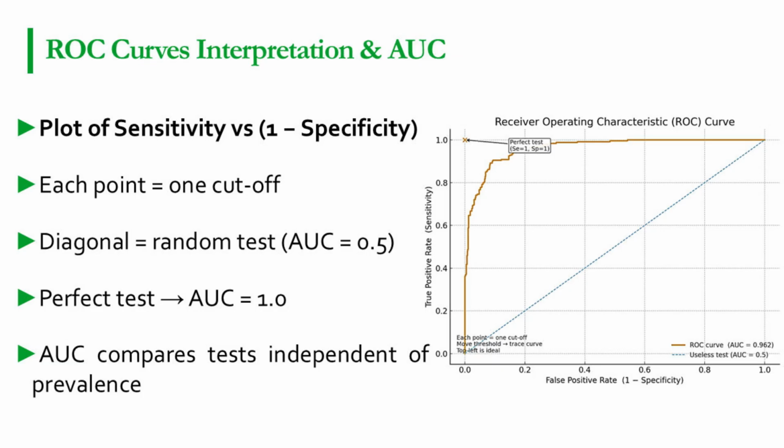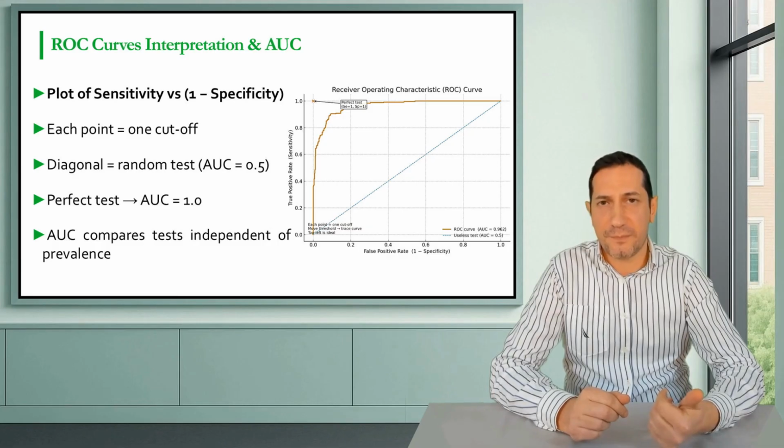The area under the curve, AUC, summarizes overall discriminatory ability, representing the probability that the test correctly ranks a randomly chosen diseased individual higher than a non-diseased one. An AUC of 0.5 indicates no diagnostic value, equivalent to random classification, while an AUC of 1.0 reflects perfect discrimination.